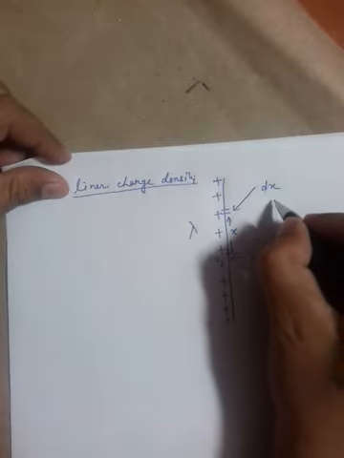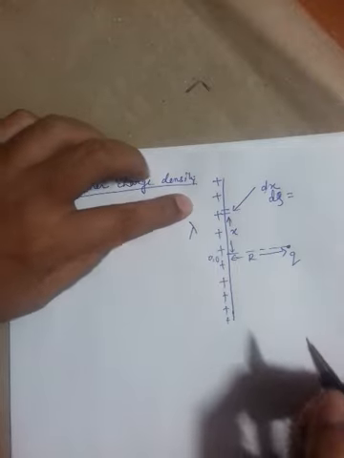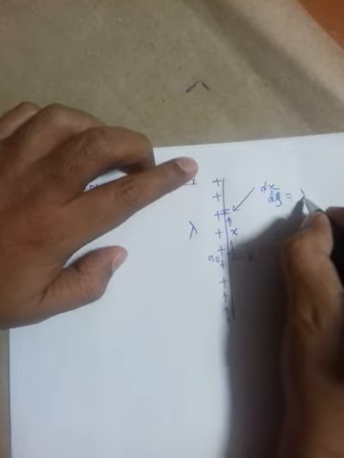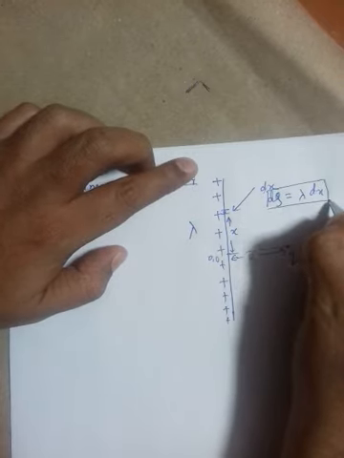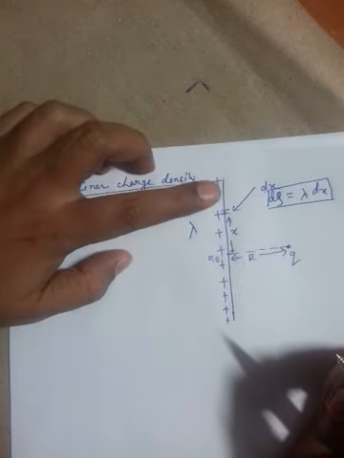This dx portion carries a charge, say dq, because the whole rod carries some charge that is not mentioned. The charge of this dx portion is lambda into dx. Why? Charge per unit length is lambda, so for dx length it is lambda into dx.